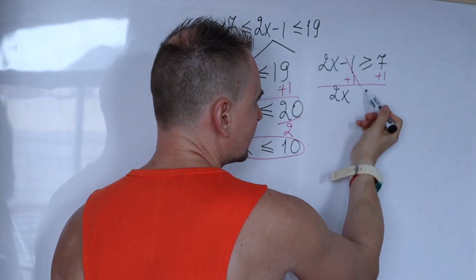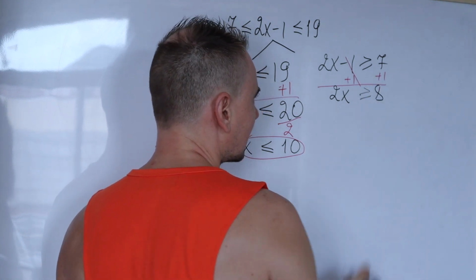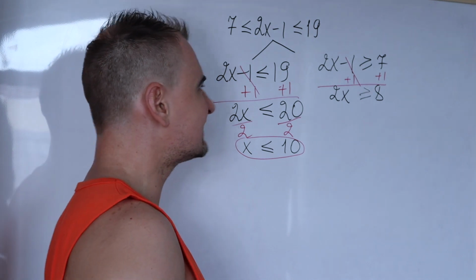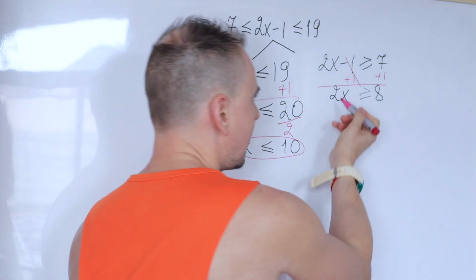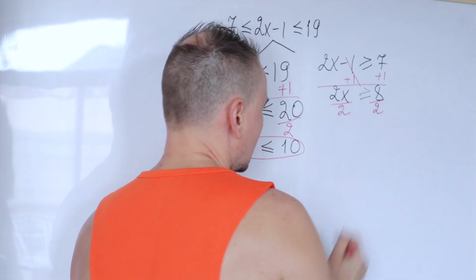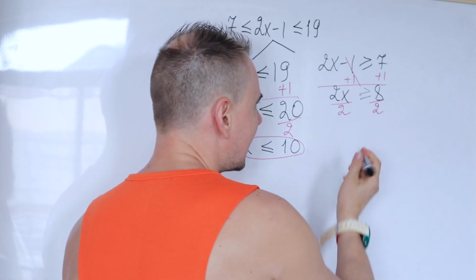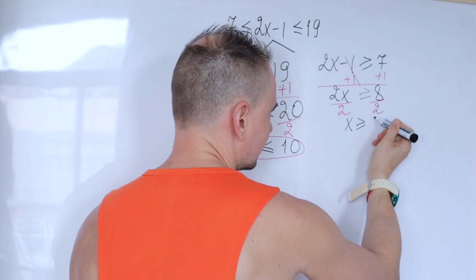Drop it down, you keep the sign, and 7 plus 1 gives you 8. And finally, the last step, similarly, we want to get x alone. So divide through by 2, this coefficient in front of x, and you will be left with x greater than or equal to 4.